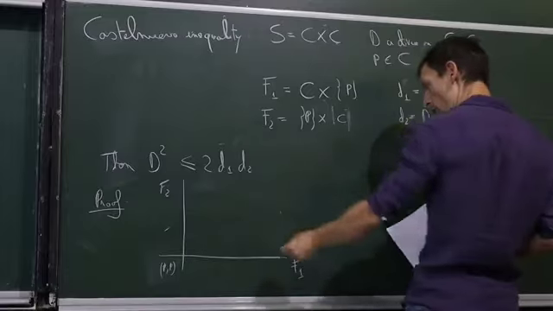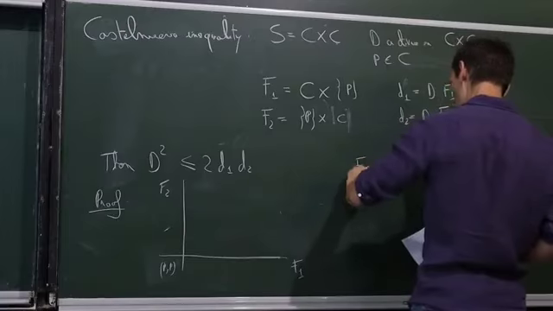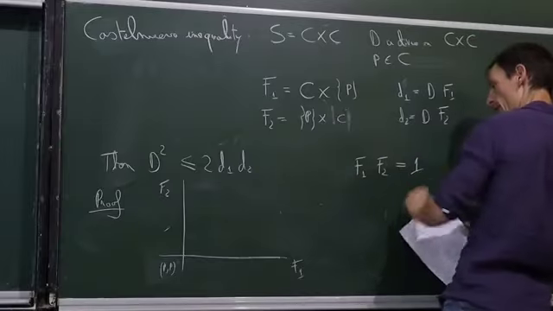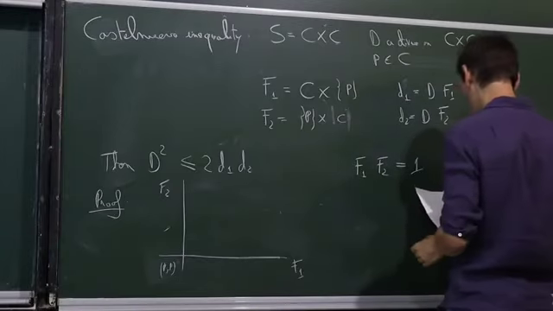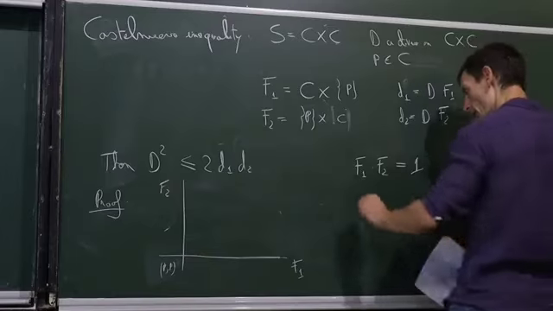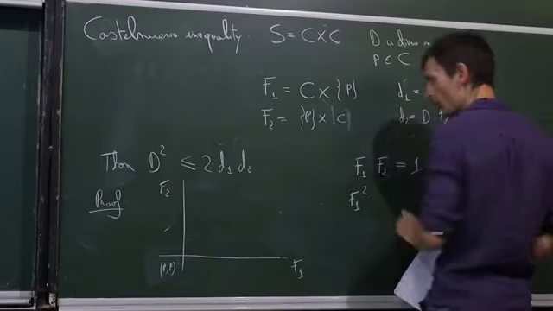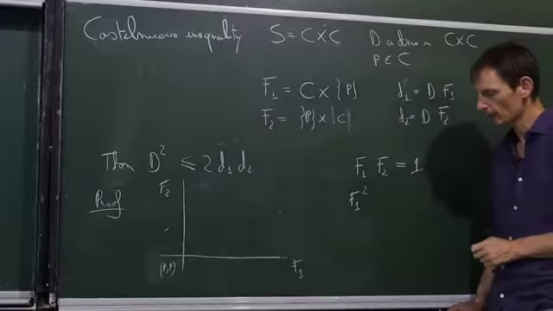So just looking at this, you already observe that the intersection of F1 and F2 is 1. It's only the point with coordinate PP. More interestingly, what is the self-intersection of F1?